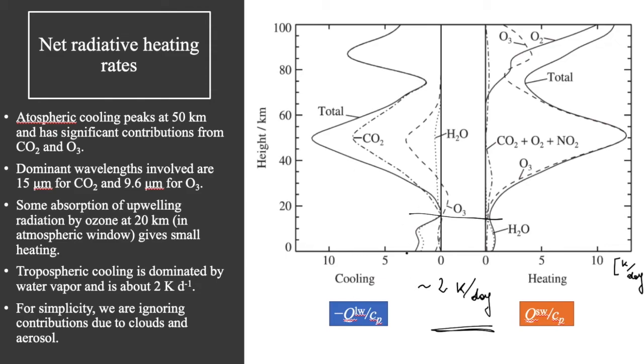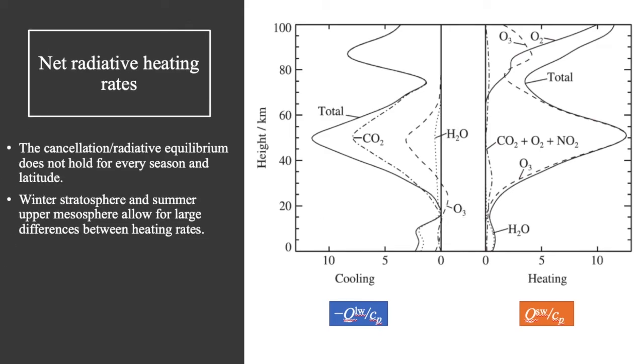Obviously this would be highly dependent upon latitude, season, clouds, part of the planet where you are, and so on. But for now, we can simply assume that on average it will be about 2 Kelvin per day, and this very nice radiative equilibrium holds statistically, but not necessarily at every particular point.